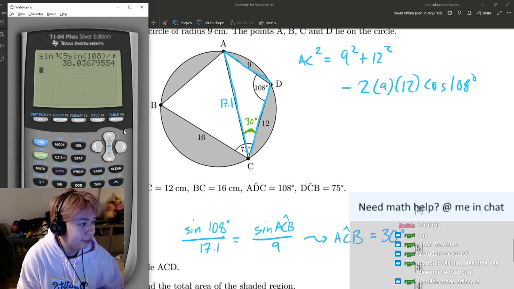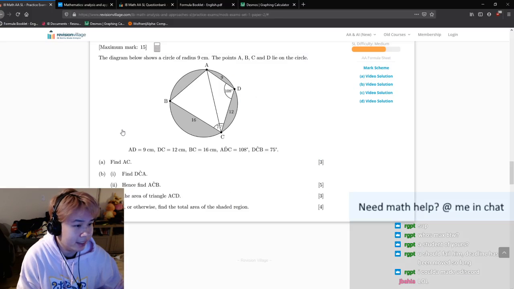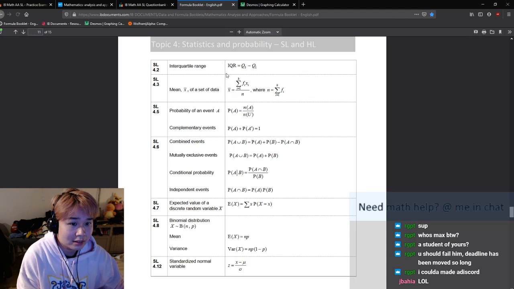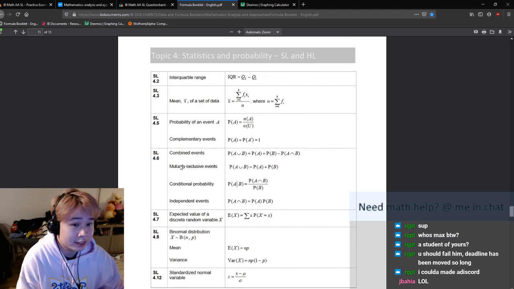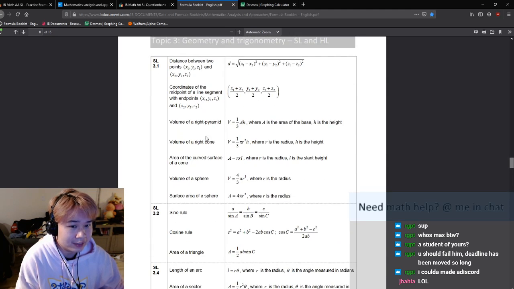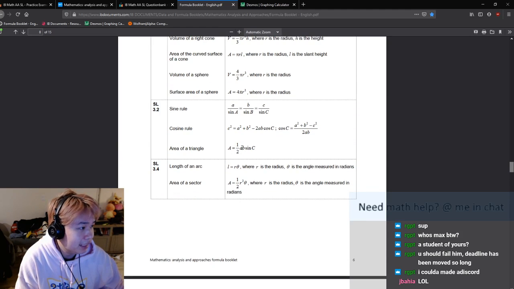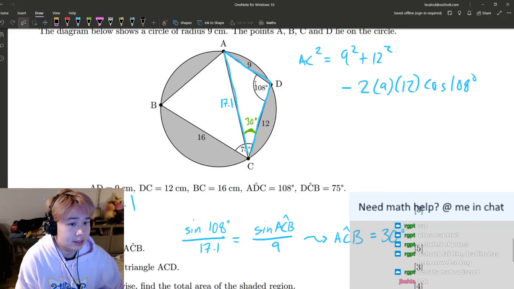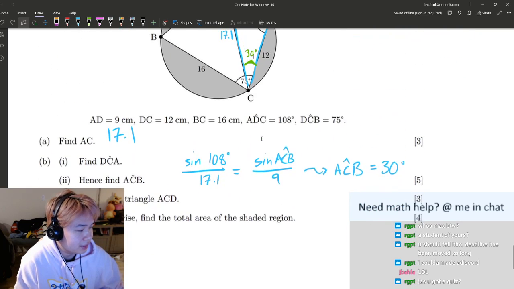Okay, we have a formula to calculate the area of a triangle. Not the base times height one, but for any triangle, if you know an angle. So let me just find it. Right here: 1/2 ab sine C. So I'm going to use the values that they gave me.